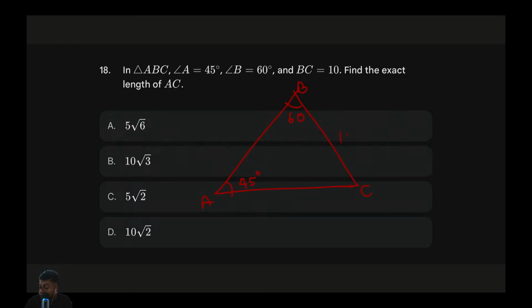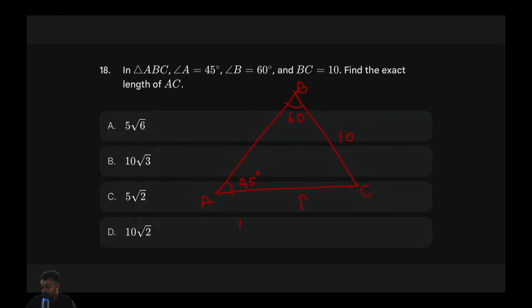BC is 10. They want us to find AC. How? I think we can use the sine rule. The sine rule can be applied to find the length of any side, as long as we know the angle opposite to the side that we are finding.